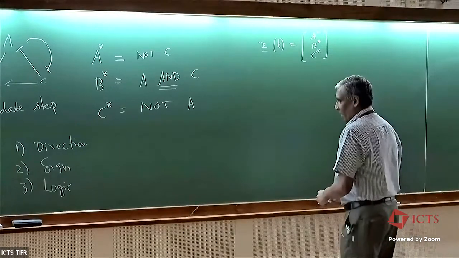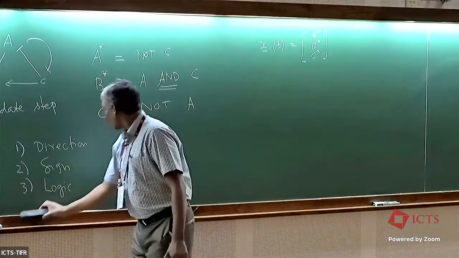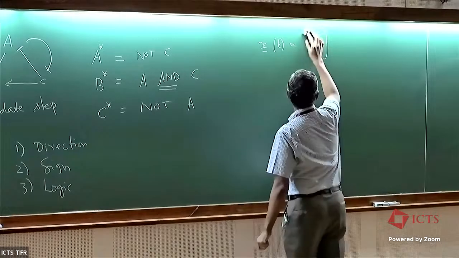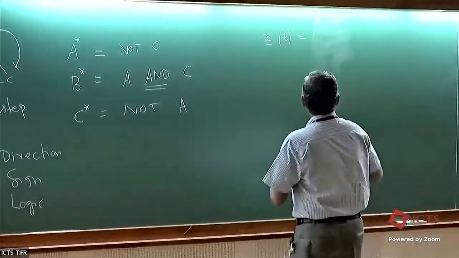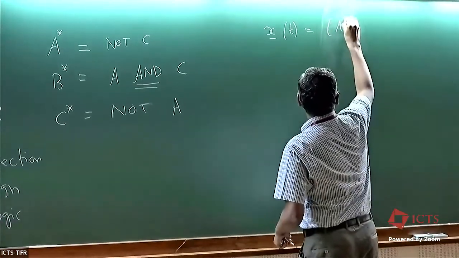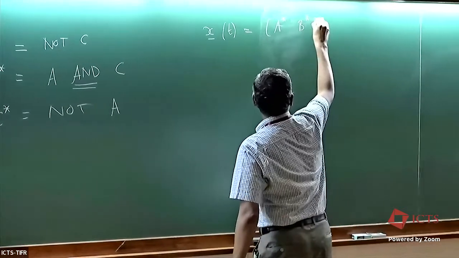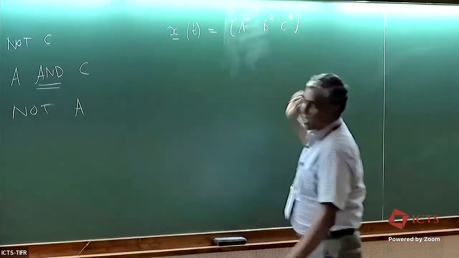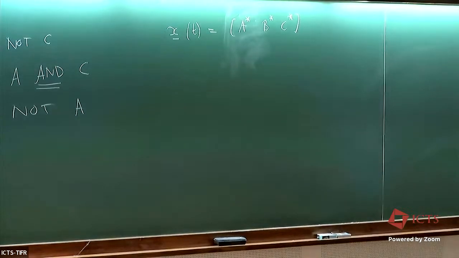I would prefer a row vector rather than a column. There are some advantages we'll see in defining it as a row vector.